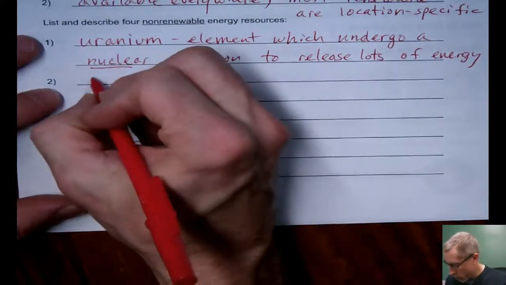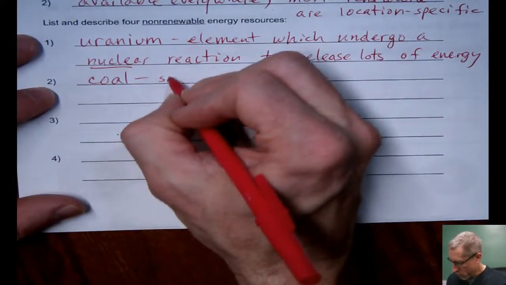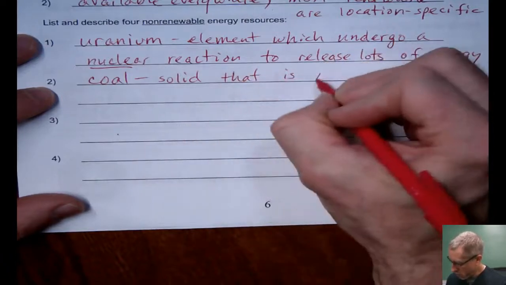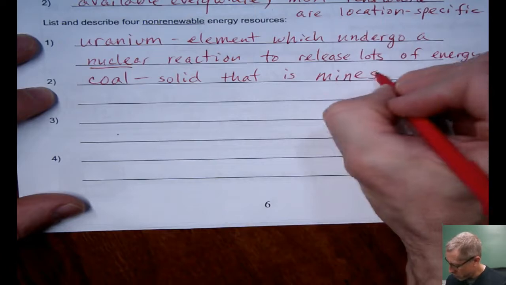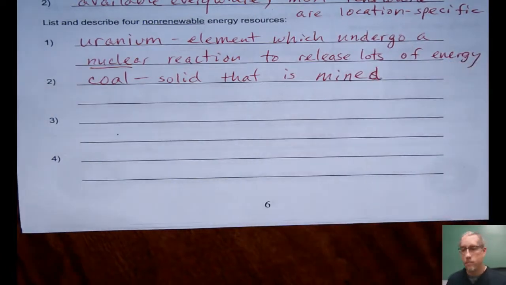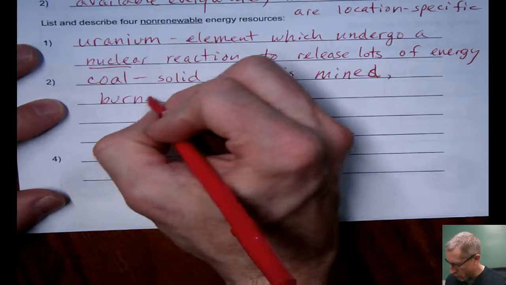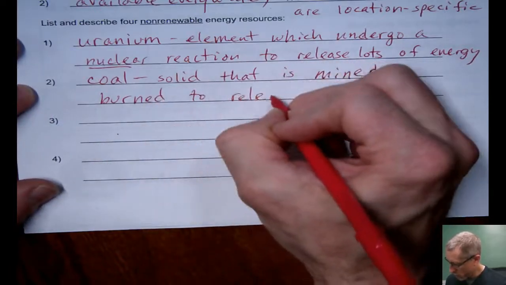So one that I'm sure you've heard of is coal, which is a solid that is mined, dug out of caves or holes in the earth. And like all fossil fuels, can be burned to release energy.